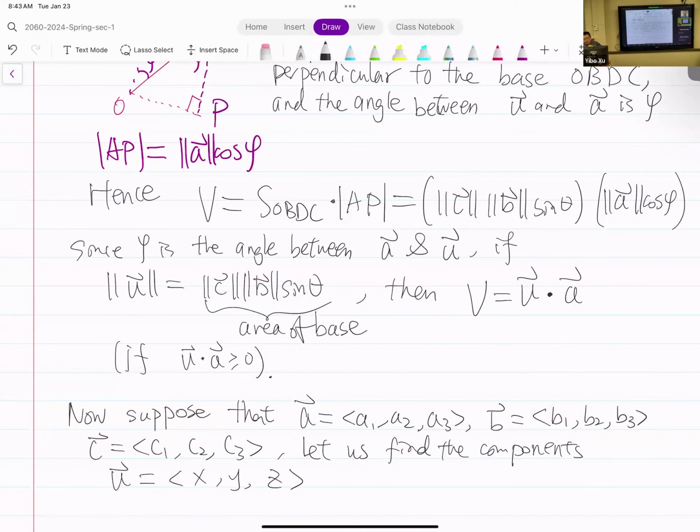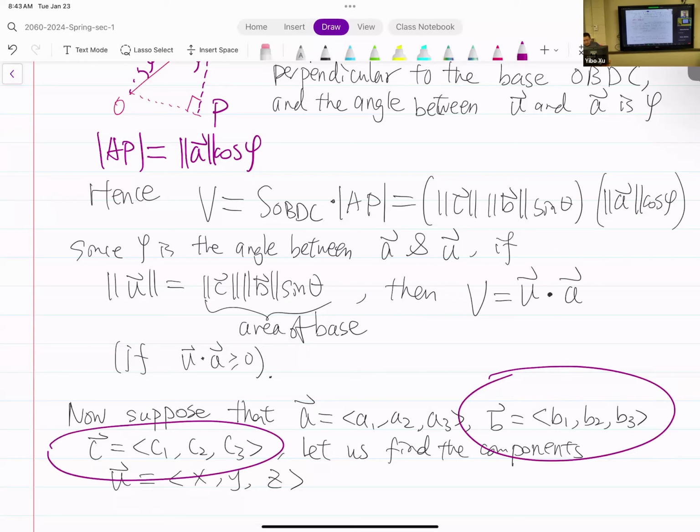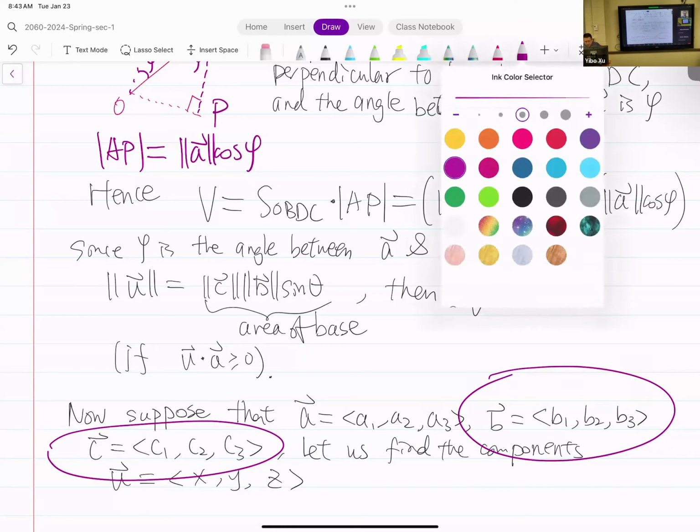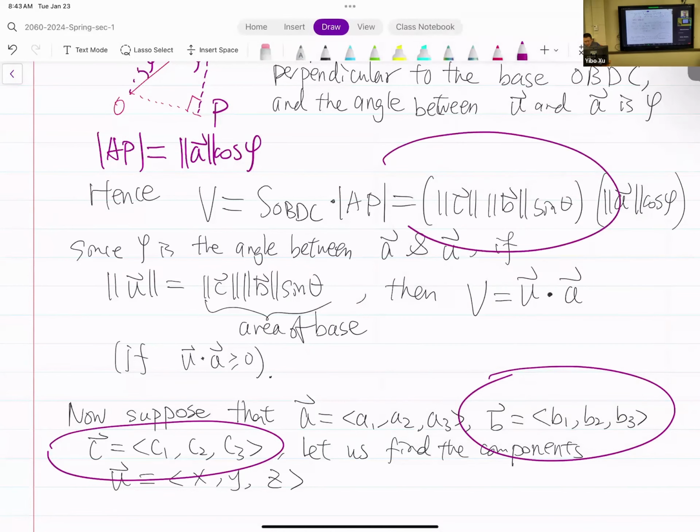So we have the vectors A, B, C, right? And then we need a vector U, which is first perpendicular to the base. Basically, it has to be perpendicular to both B and C. So that's the first condition. That's the direction part. And we also know that we want this U to have the magnitude of this.